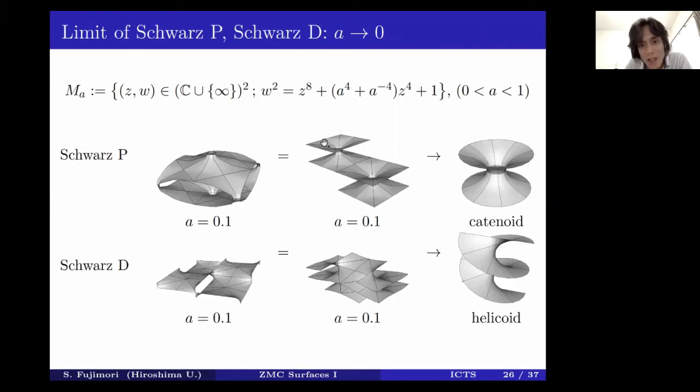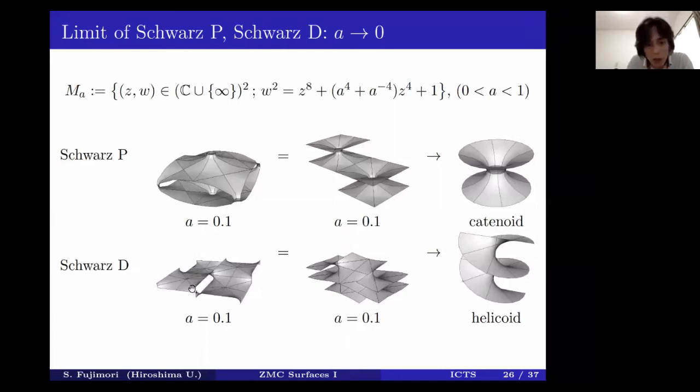Then we have this surface. So this and this are the same surface, just different cutting of the surface. Then you see this surface looks like two catenoids connecting along this line. So when A goes to 0, the distance between the catenoids gets far away. And finally, we get two separate catenoids as a limit.